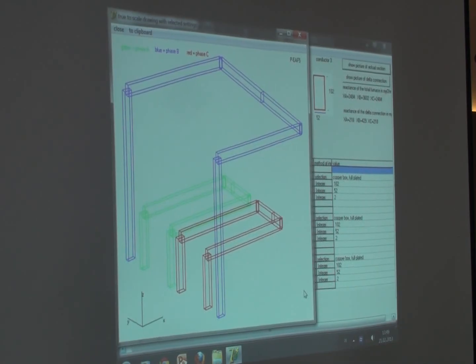So, this is on the star side, but we want to look at what happens on this side. Therefore, we make a little electrical circuit.